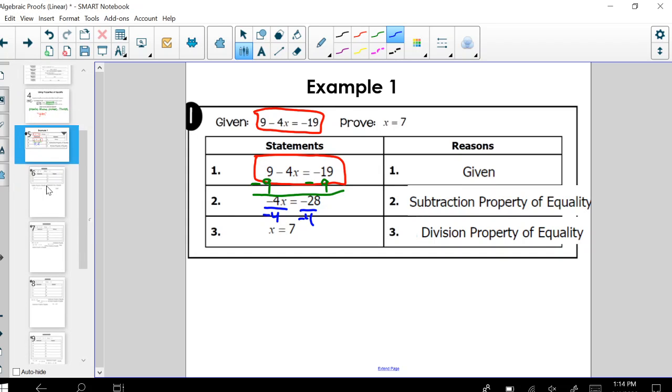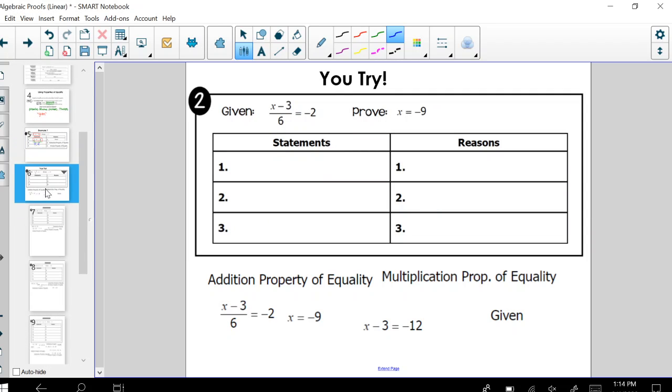So if we look at another one here, again, we're going to start with what's given. So my reason, x minus 3 divided by 6 equals negative 2, is given. Now for this one, if I were solving it, I need to get rid of this divided by 6, or the 6 in the denominator.